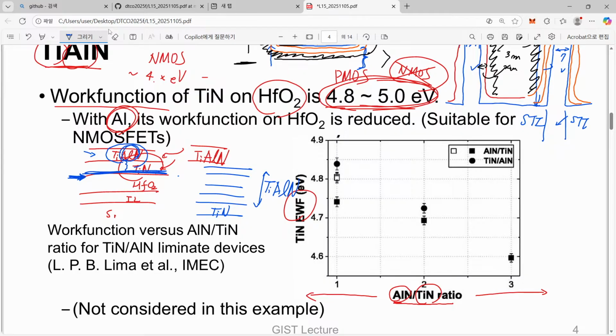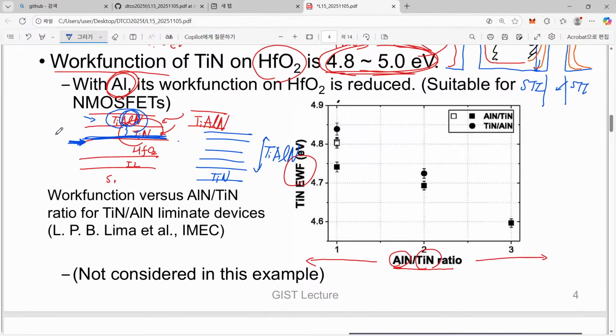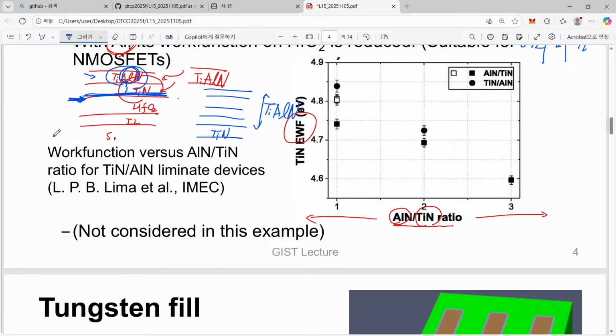Then how can you make six different ones? Just by changing the number of additional cycles to add the titanium aluminum layer. So that is the way we make these differences. If we were really rigorous in our example, then we must do that job in our example.